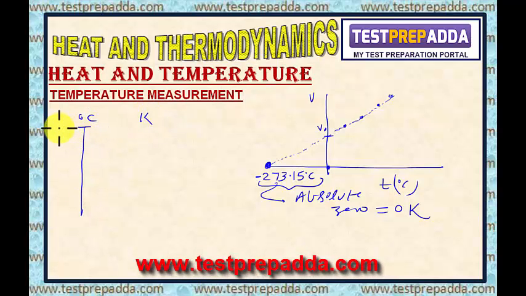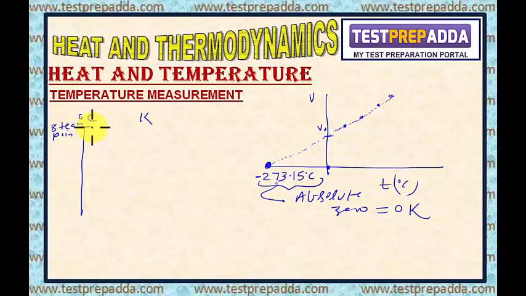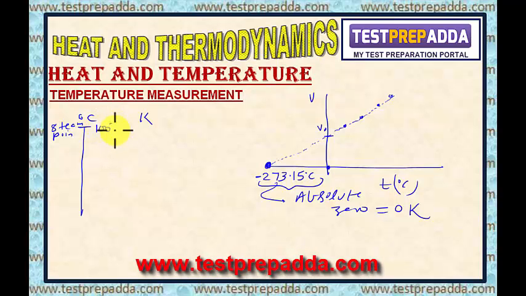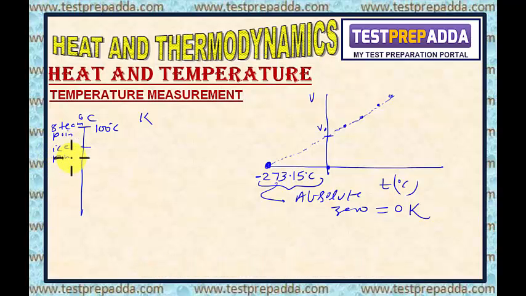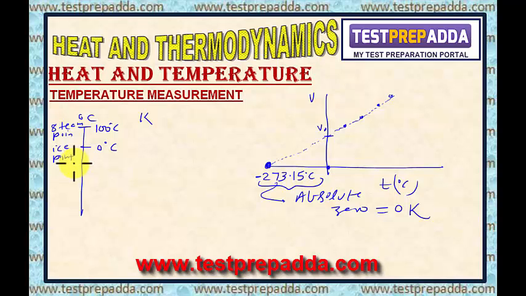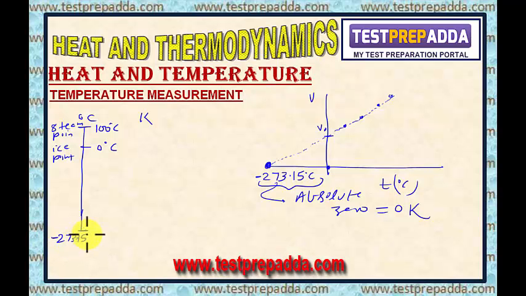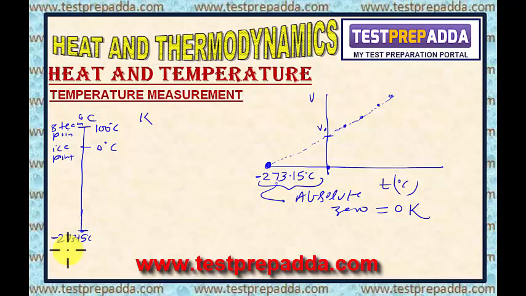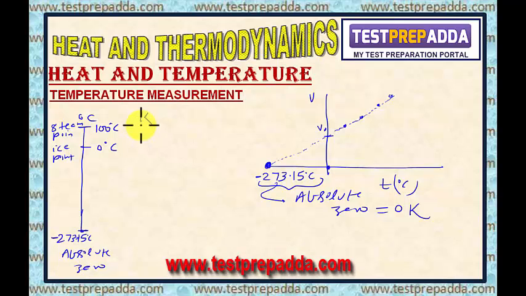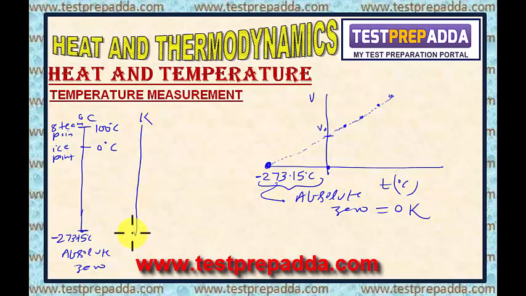this is the steam point. In degrees Celsius, it is 100 degrees Celsius. This is the ice point. In degrees Celsius, it is 0 degrees Celsius. And here is minus 273.15 degrees Celsius, absolute zero. In Kelvin scale, this point is written as 0 Kelvin.